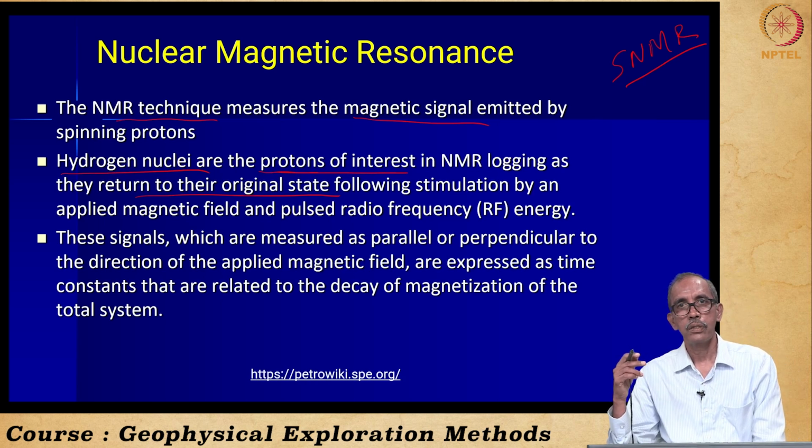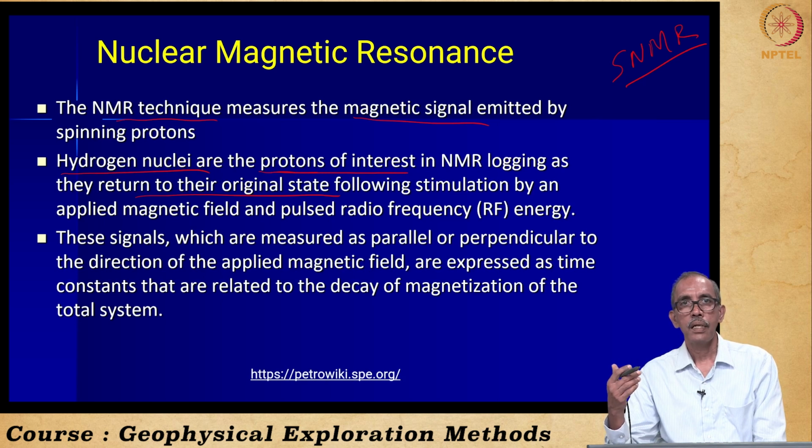It returned to its original state following the excitation by the magnetic field, which means we are going to make use of a strong magnet to stimulate the hydrogen nuclei, especially the protons in the hydrogen.